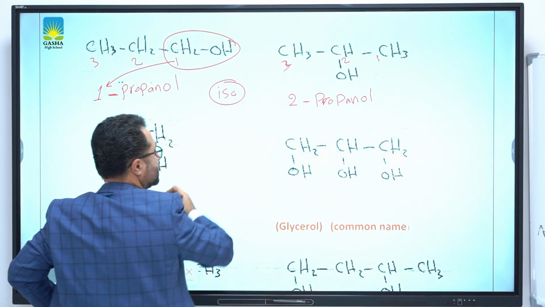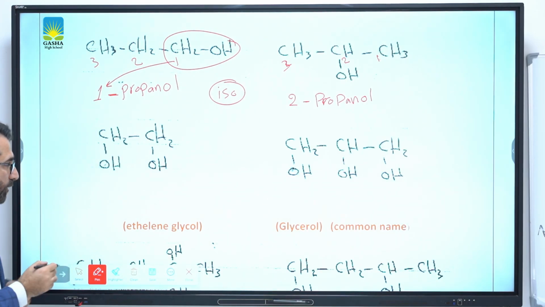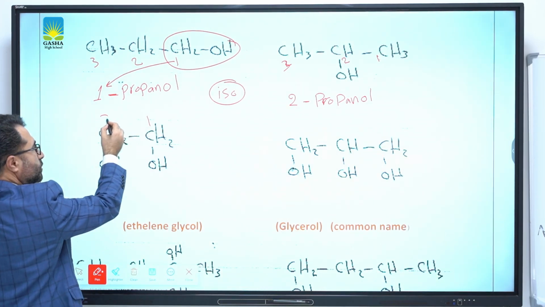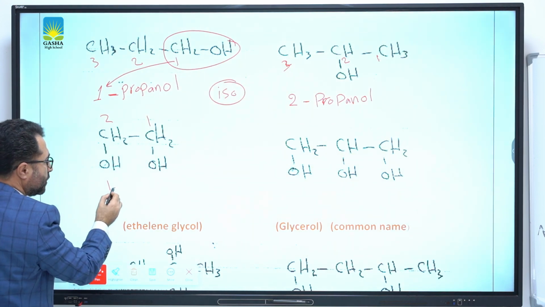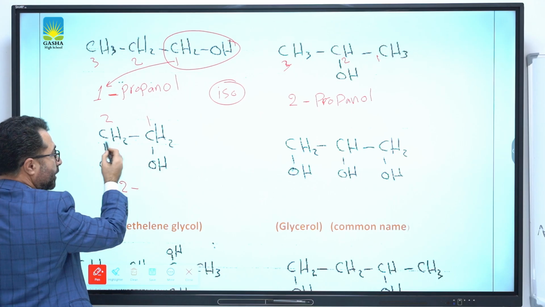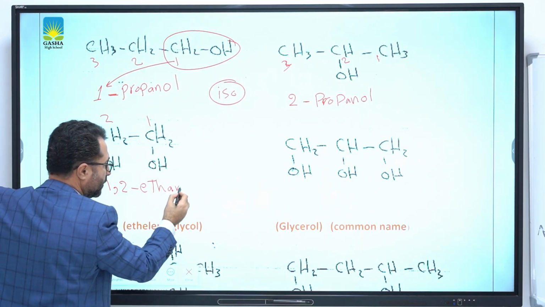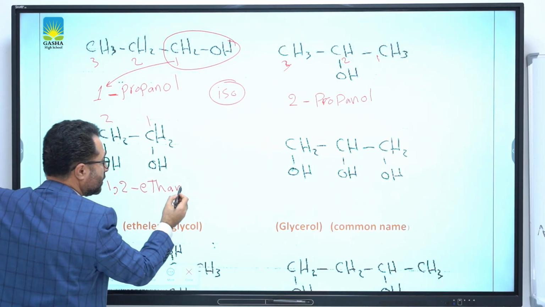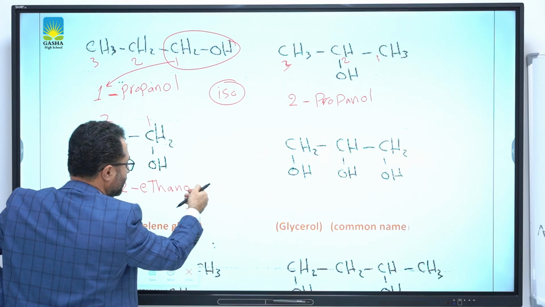Here we have 2 OH, so we have to number it 1 and 2, because both carbons have OH. The location of OH is 1 and 2, and the name of the parent is ethane plus ol, so it will be ethanediol.